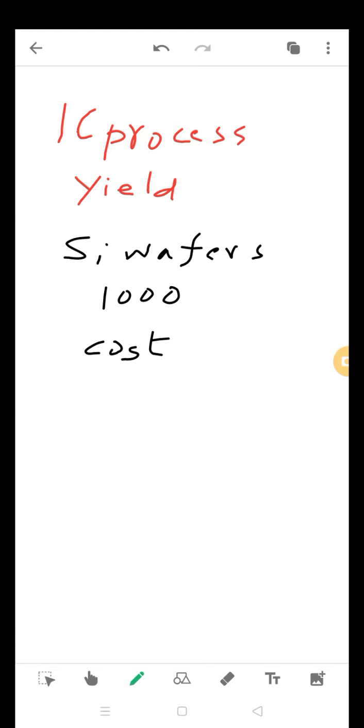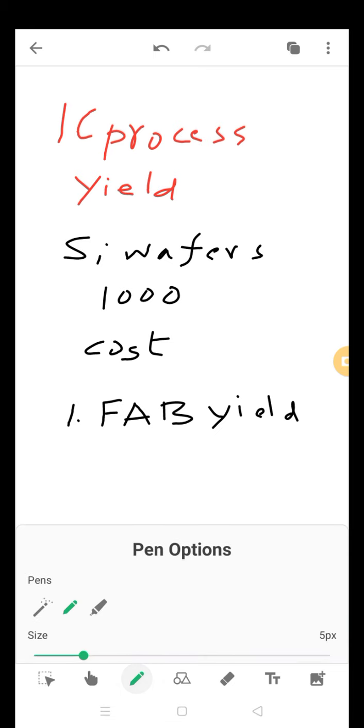There are basically three yields in the IC fabrication process. The first one is called the fab yield. It is basically the wafer fabrication yield.